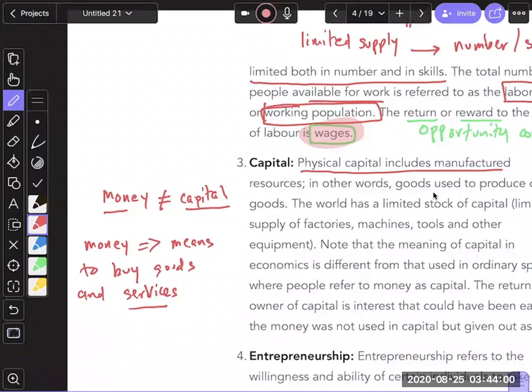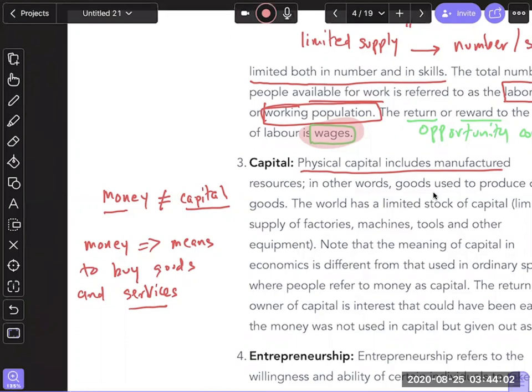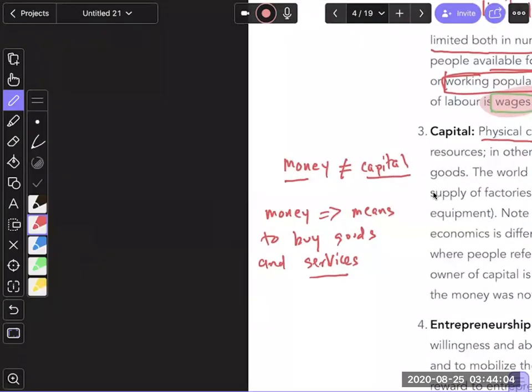Got it? An important question: we know that the opportunity cost of land is rent, and the opportunity cost of labor is wage. What's the opportunity cost, or reward, of capital? Sufyan is saying interest. I want to know why.